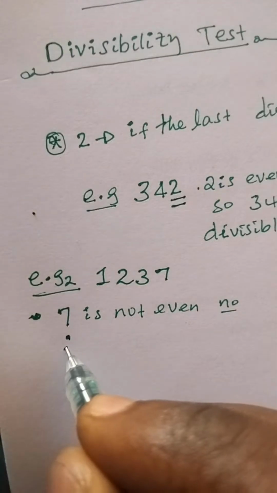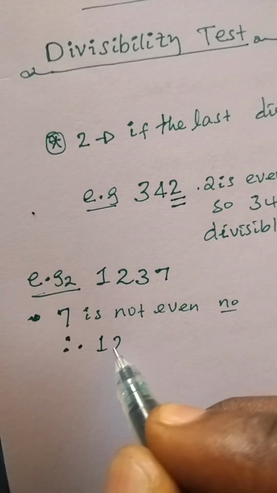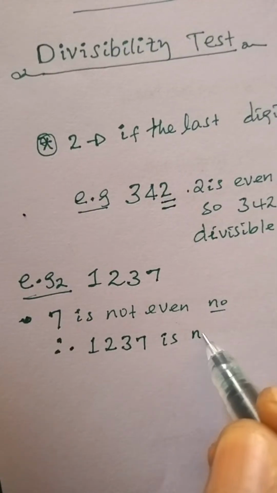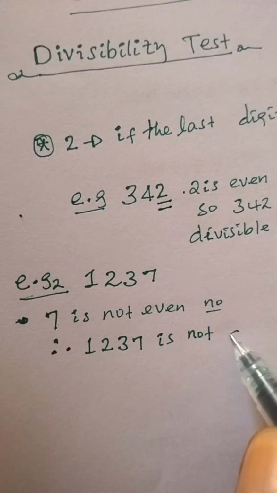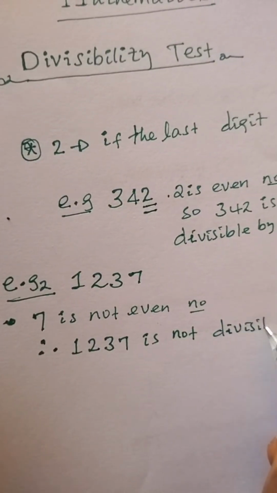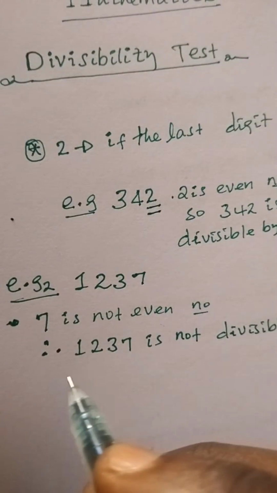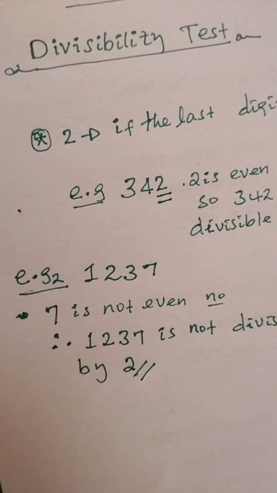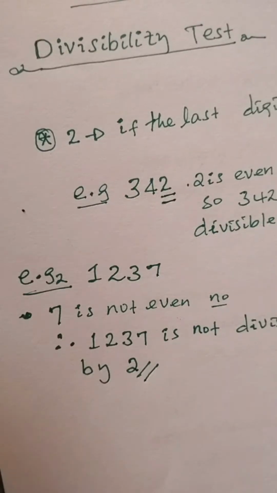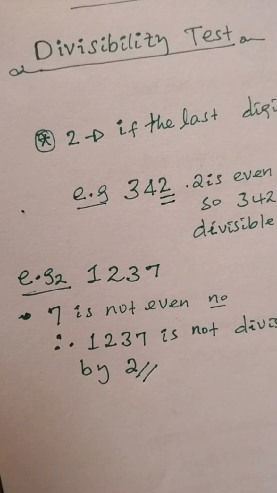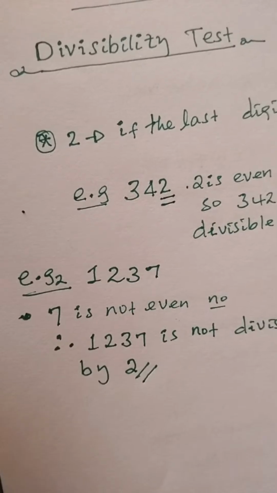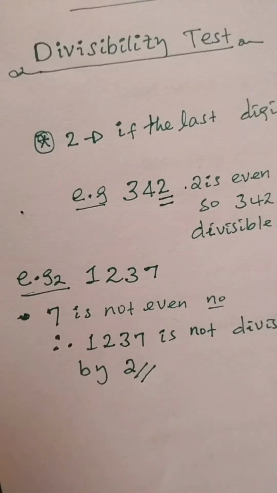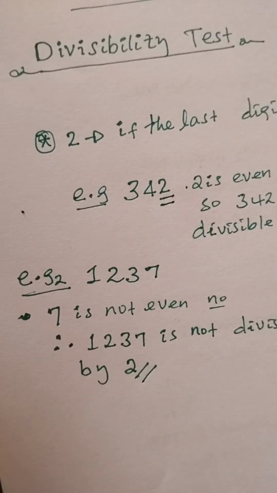Therefore 1237 is not divisible by 2, because the last digit is not divisible by 2, or it is not an even number.